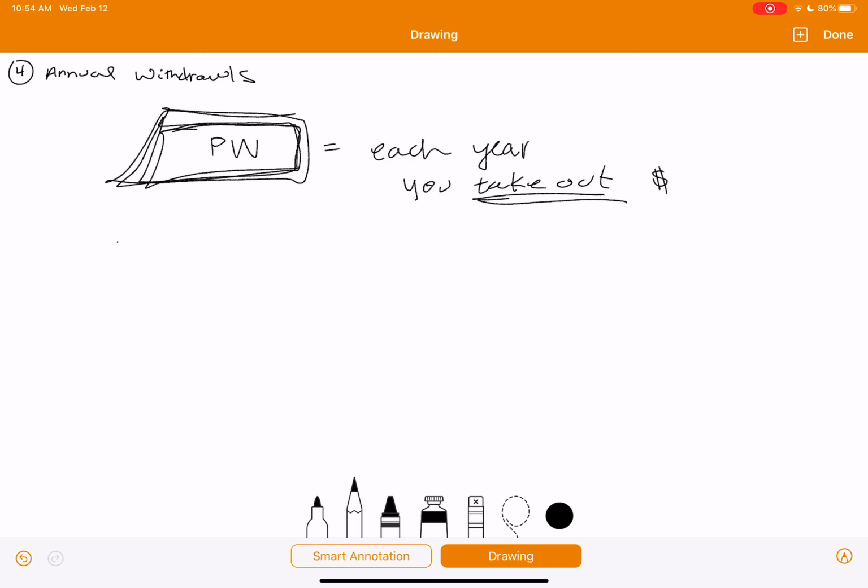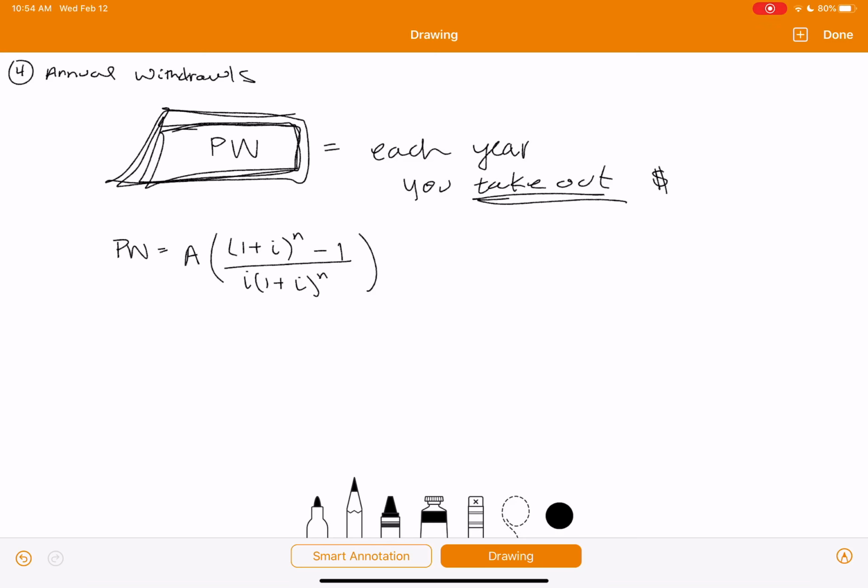So the equation for this is going to be present worth is equal to the annual withdrawal amount times by 1 plus our interest, again in decimal form, raised to the number of years we're making these annual withdrawals, minus 1 all over interest times 1 plus interest raised to the number of years.